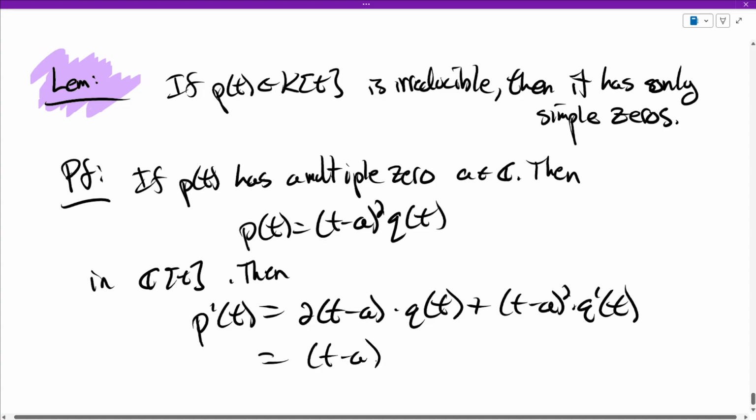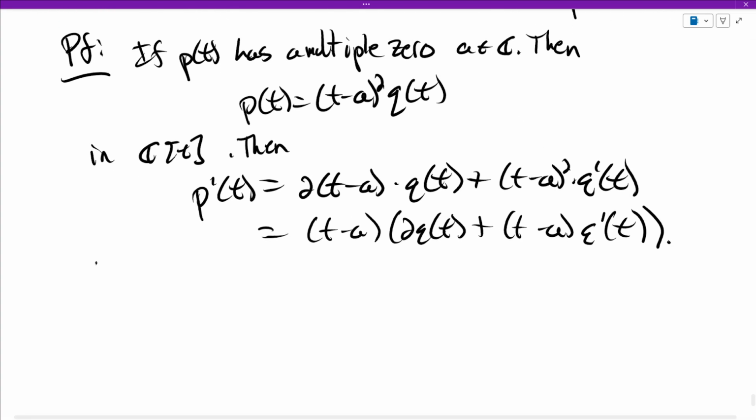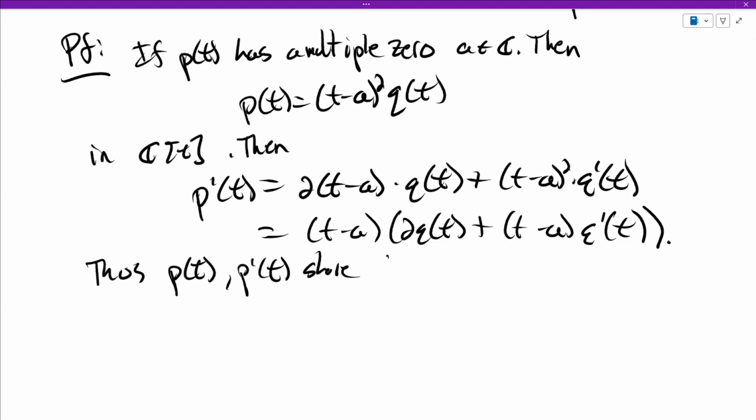Well, we can pull out a (t minus a) here. So P prime of t and P of t share a factor when you go to the big field C adjoin t.